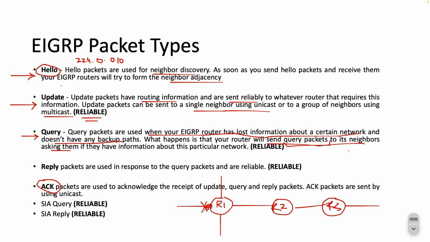R1, because it's a directly connected network for R1, will send a partial update. As soon as R1 sends the partial update, R2, which was earlier having this particular route from R1, let's say this was 1 dot something.